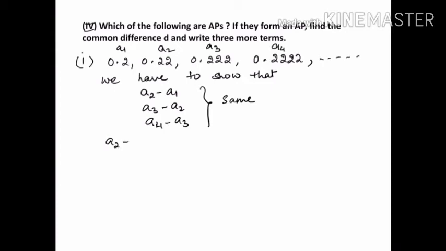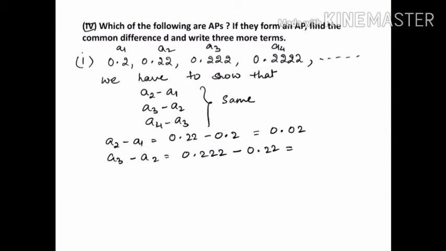So let's find A2 minus A1, that is equal to 0.22 minus 0.2, which is 0.02. A3 minus A2 is 0.222 minus 0.22, which is equal to 0.002.